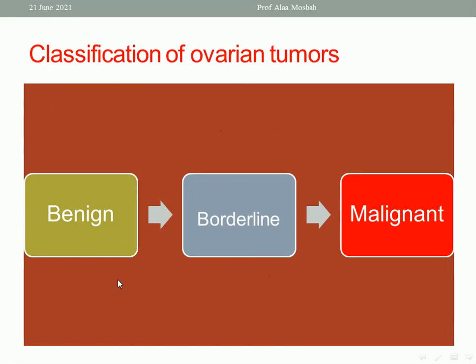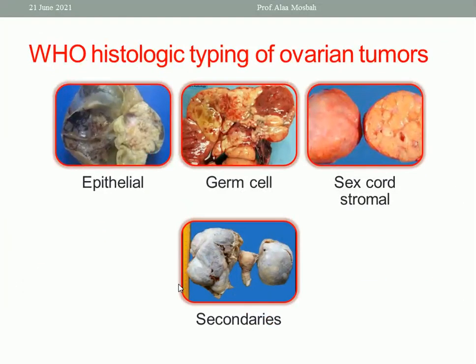Generally, ovarian tumor could be benign, borderline, and malignant, and this can happen in the epithelial tumor, which is the commonest. These are pictures of the histological types of ovarian tumor. The main three types: epithelial, serous adenocarcinoma here, germ cell tumor like this germinoma, sex-cord stromal tumor as granulosa cell tumor, and secondary like Krukenberg tumor.